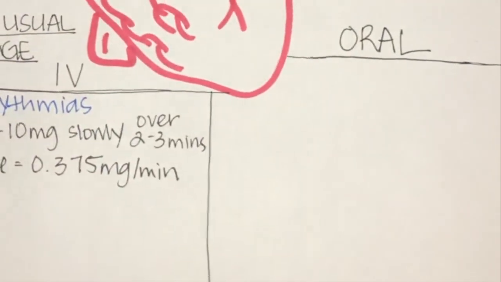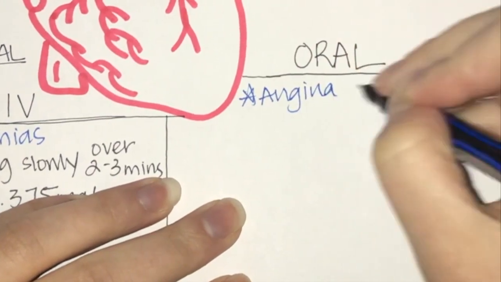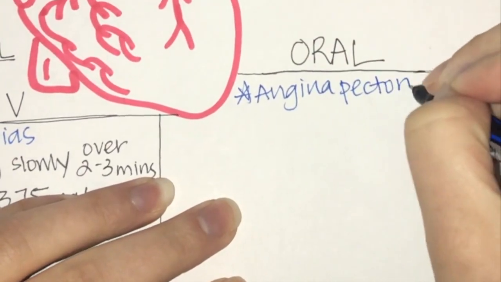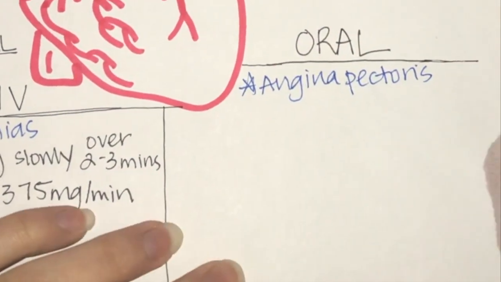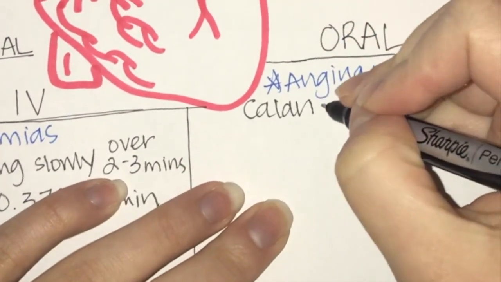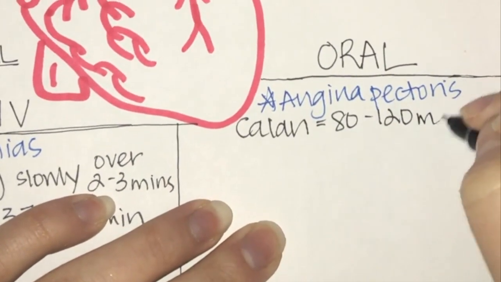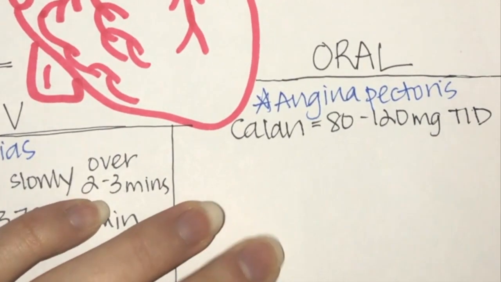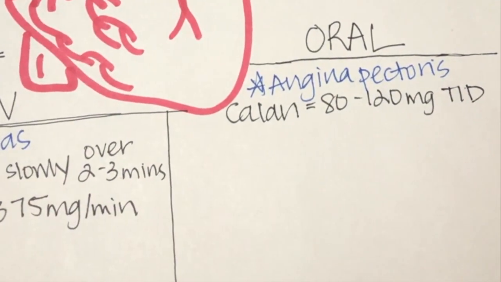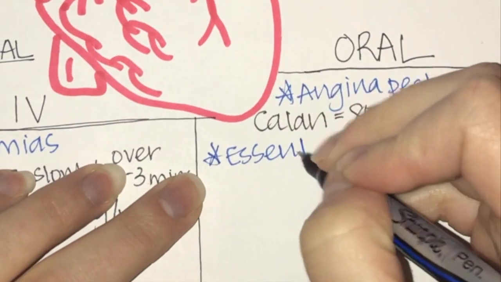Oral is used for angina pectoris, this Calan is given, and that is 80 to 120 milligrams 3 times a day. It's also used for essential hypertension.